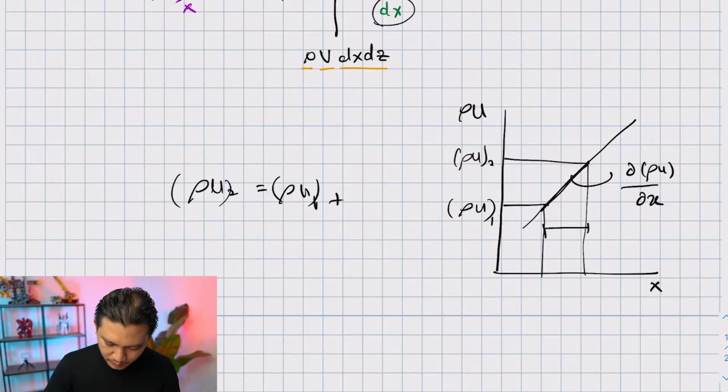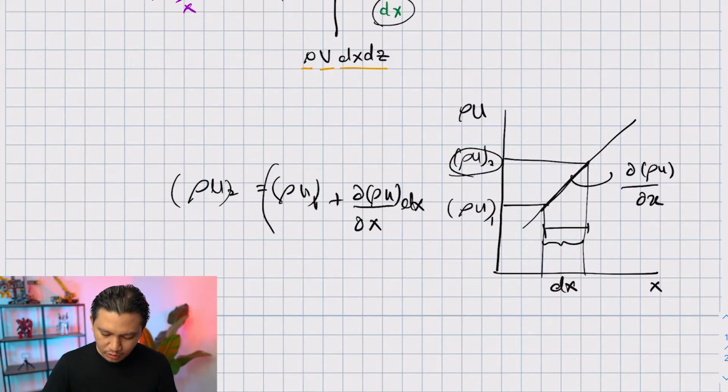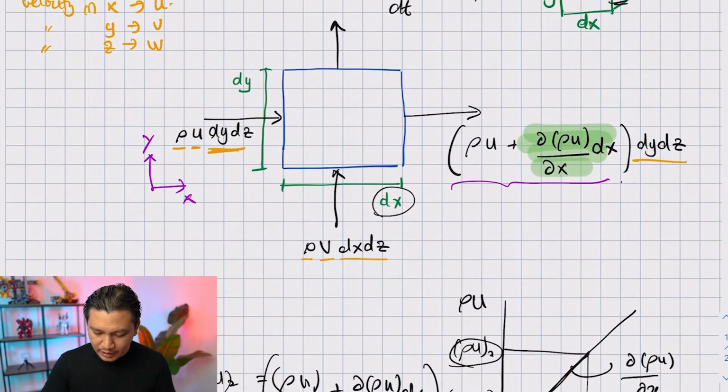So this has to be plus del rho u over del x times the distance here. That's how you get to rho u2. So this is multiplied by, let's say this is dx. So this is multiplied by dx. Okay, so that's how you obtain the small change in rho u. And this term is exactly similar with this term, right?